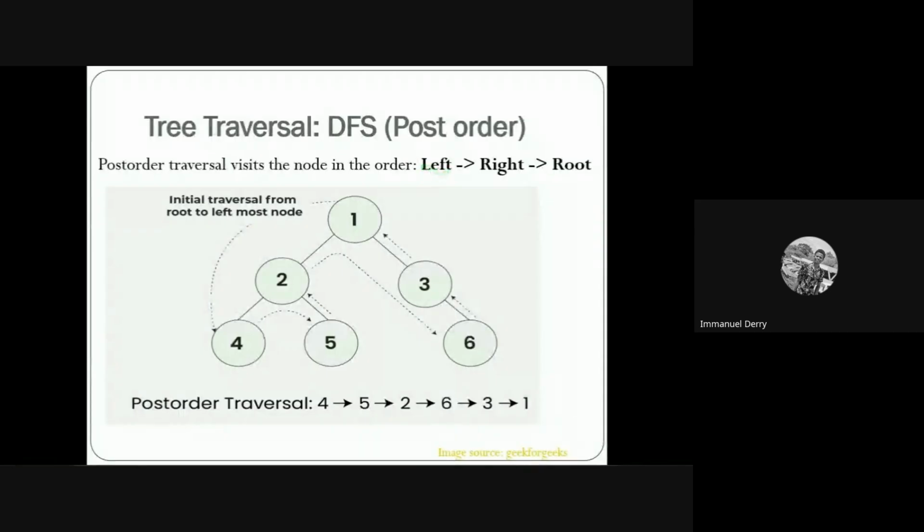We start from the parent, but the parent is not going to be part because we are setting left. So we move to the left, which is this particular node over here. And then the traversal says right, so you go to right, which is 5. After right, we are asked to go to the root. So the root of 4 and 5 is 2.